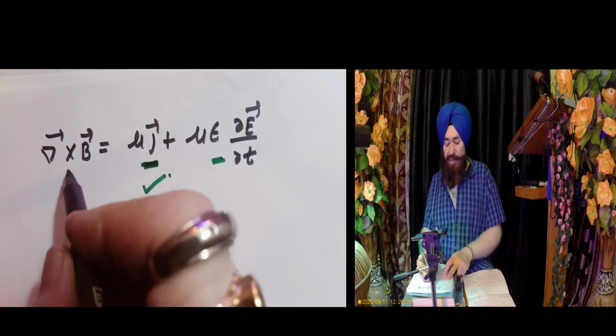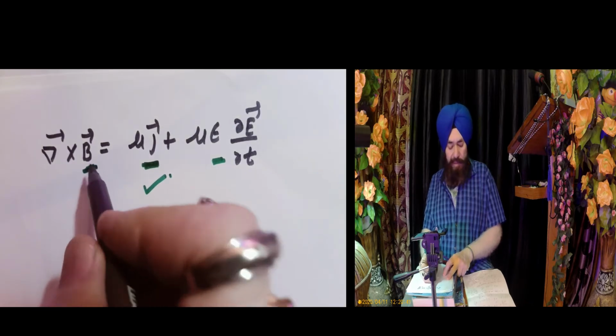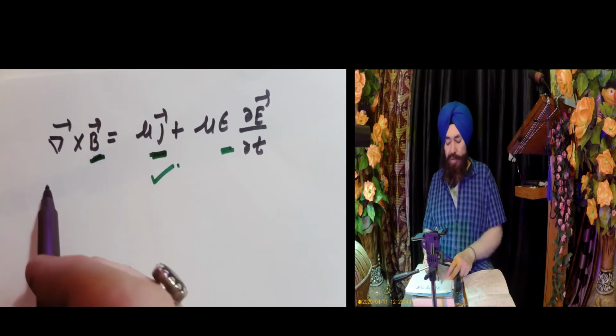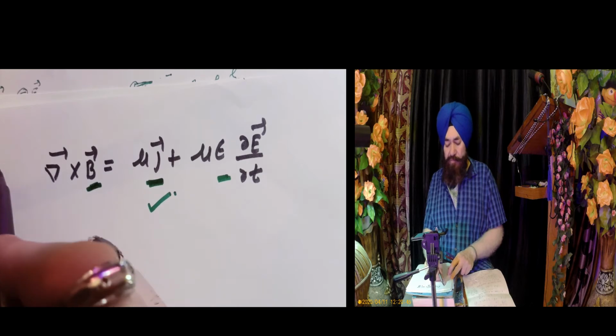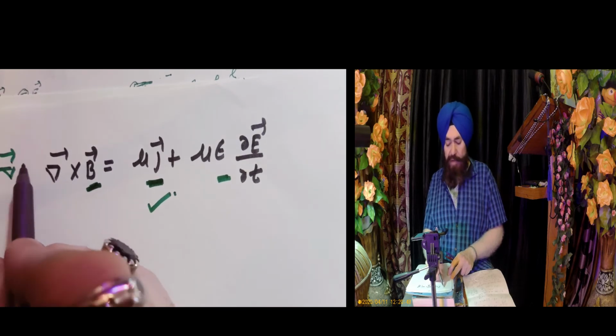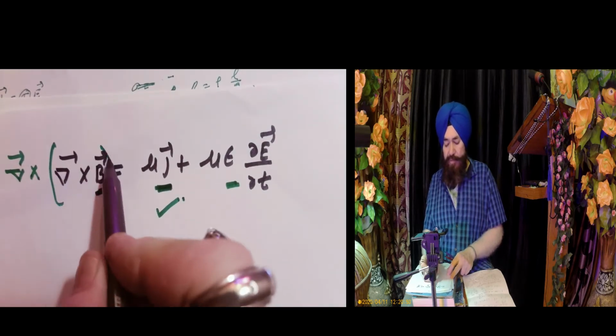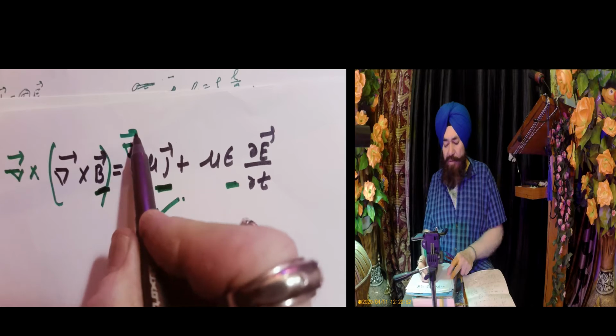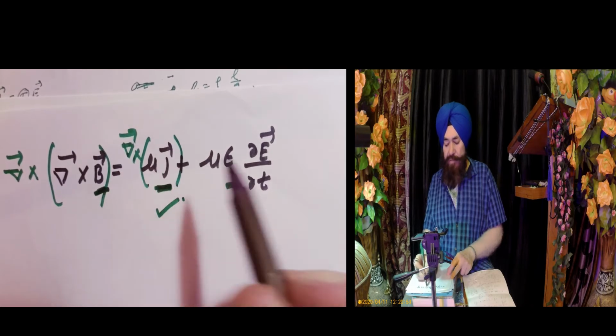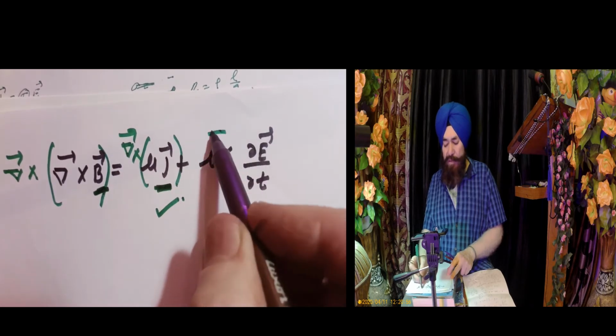If there will be a magnetic field. So again, del vector cross here, del vector cross here, del vector cross here.